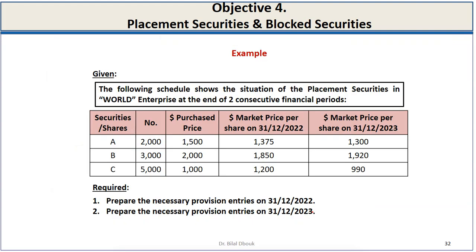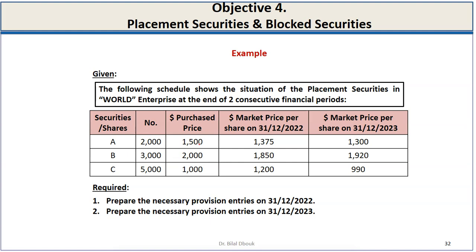Here is a real practical example. The following schedule shows the situation of placement securities involved in an enterprise at the end of two consecutive financial periods. We have securities A, B, and C. We have 2,000 securities of type A, 3,000 of B, and 5,000 of C. Let's say they are from different companies but of the same type.